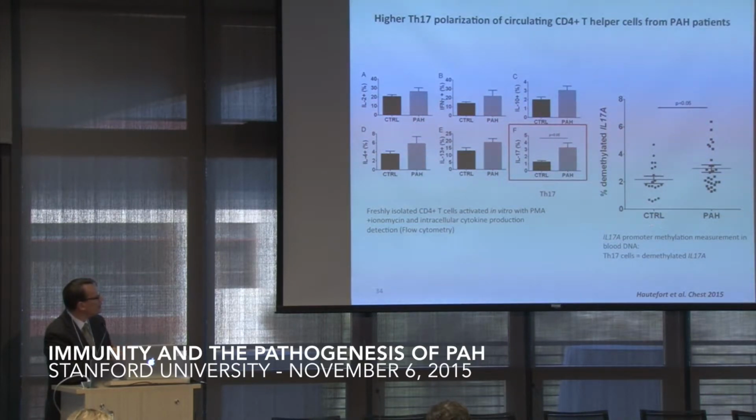And quite interestingly also, circulating cells are characterized by demethylation of IL-17A, indicating that in PAH you have an increased Th17 activation. So decreased Treg, increased Th17.